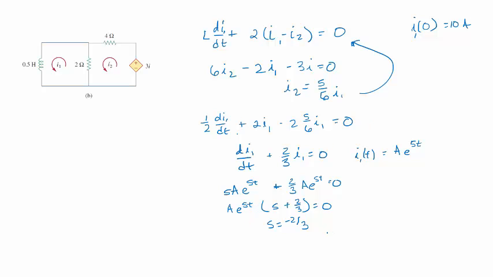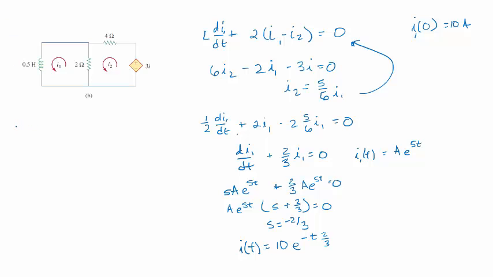So now we know that I of t equals 10 e to the minus 2/3 t. Okay, so then we found the current from the inductor. We can find V if we want to.